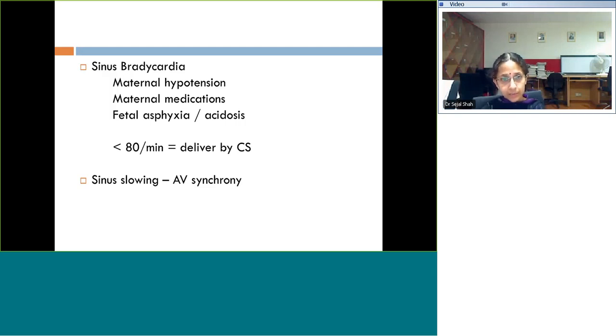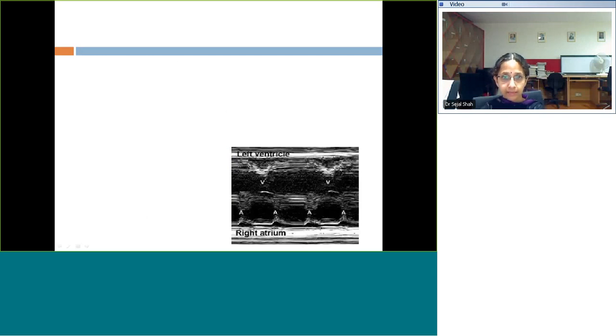If it is sinus brady, in the sense that we see AV coordination and we think that the sinus node is slowing, with AV synchrony, we monitor the heart rate. If the rates are less than 80, then that could be an indication. Otherwise, we follow them up. Just sinus brady, follow them up. Whenever we have sinus node slowing, there is AV synchrony on the Doppler pattern.